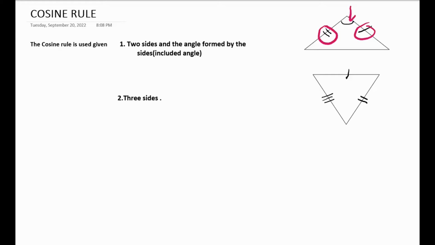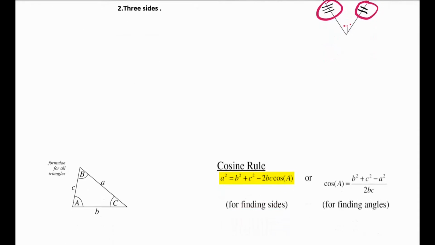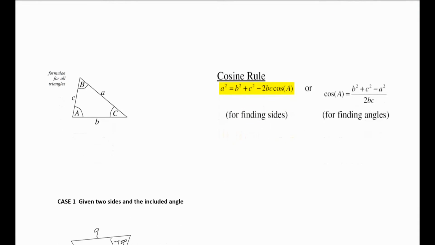And in the next instance, it must be given three sides: 1, 2, 3 sides. Then you can use it to find any of these angles. Okay. Now we're going to look at its application. But before that, let us look at the rule itself.